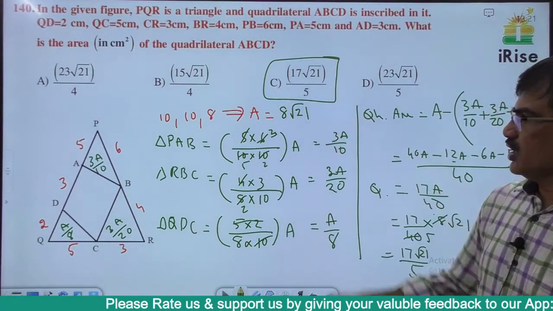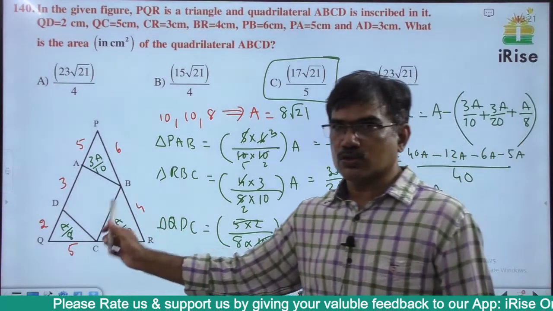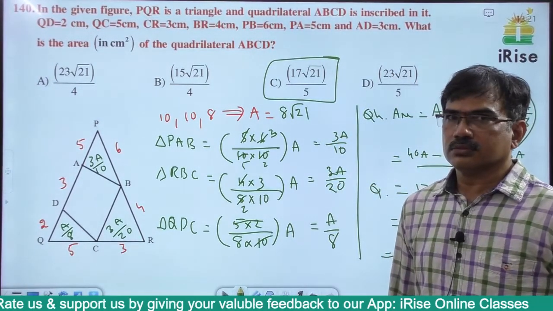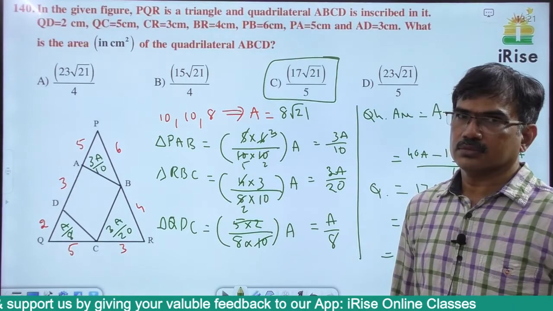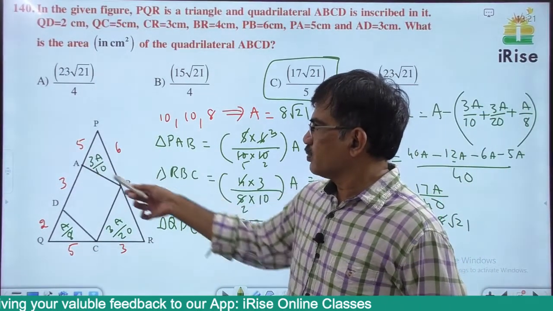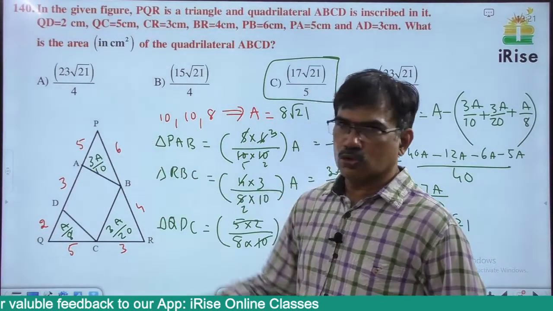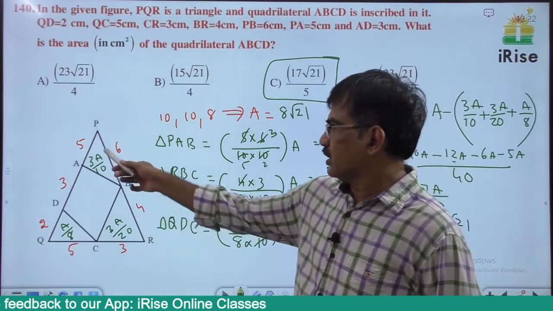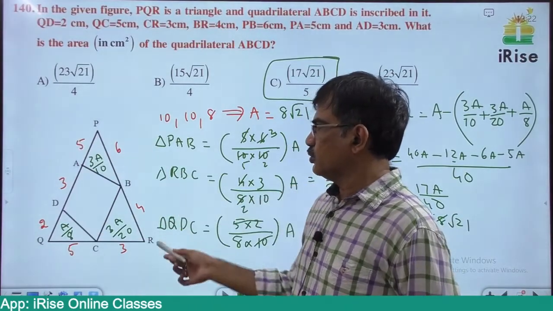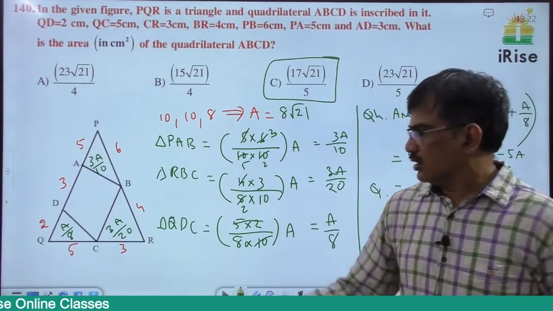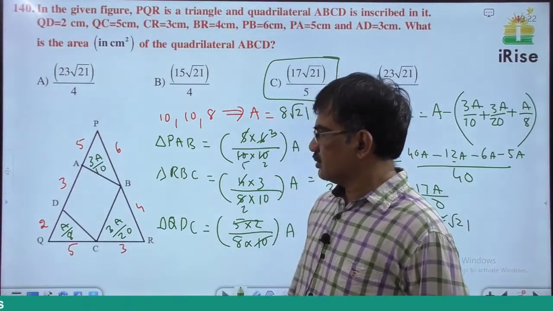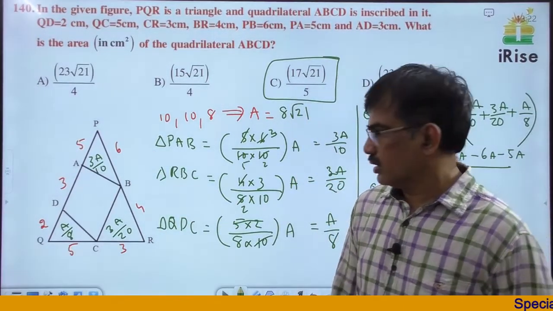So this is the way of finding. Actually this is a previous question. Understood? Find the area of this part related to total. If the total area is A, this part is 5 into 6 by 10 into 10. The area of this part is 3 into 4 by 8 into 10 of the total area.